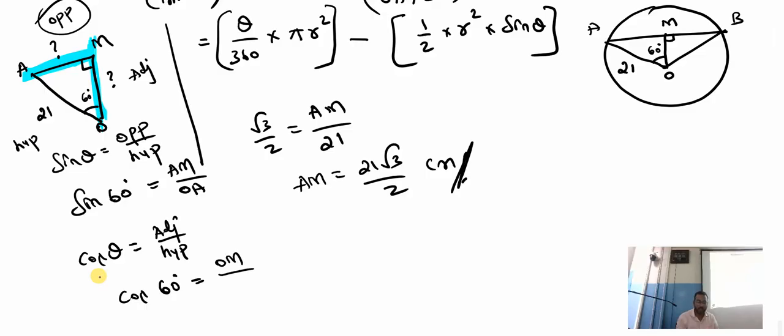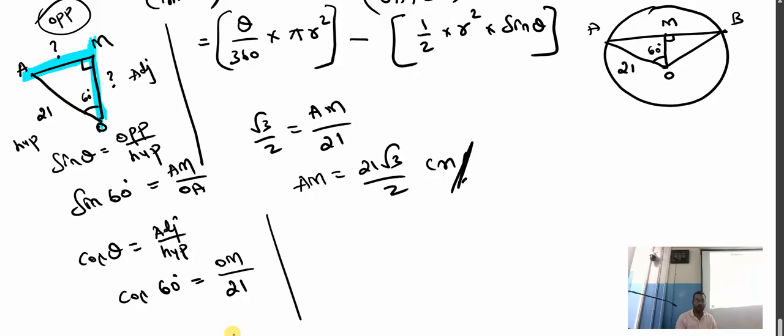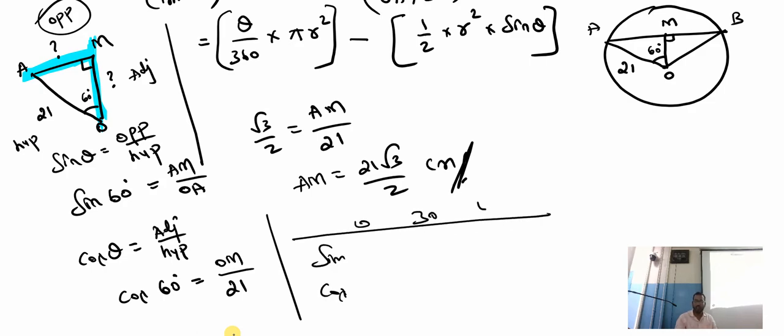Hypotenuse 21. What is cos 60? Table. Sin 30 value is cos 60 value. Cos 60. Sin, cos 0, 30, 45, 60, 90. Right?